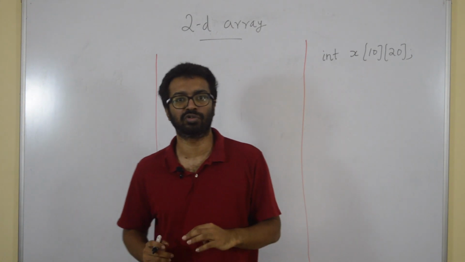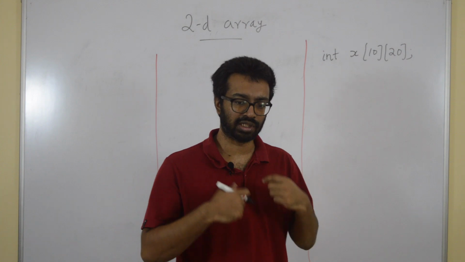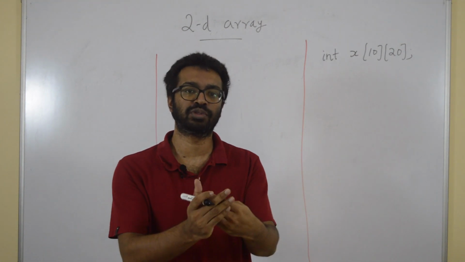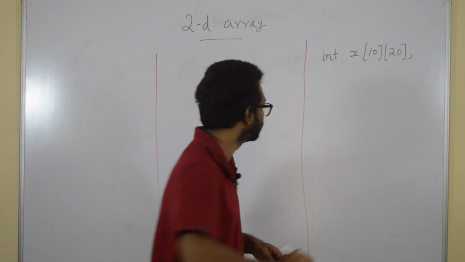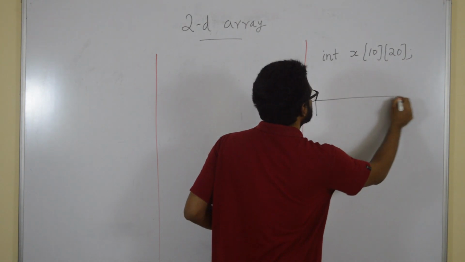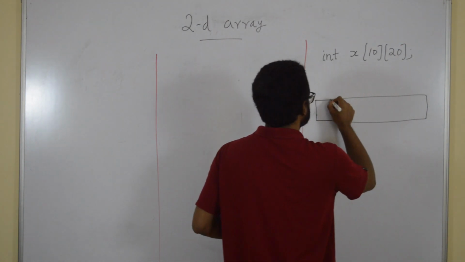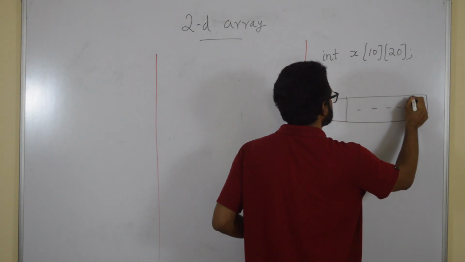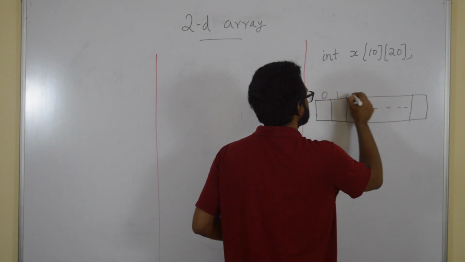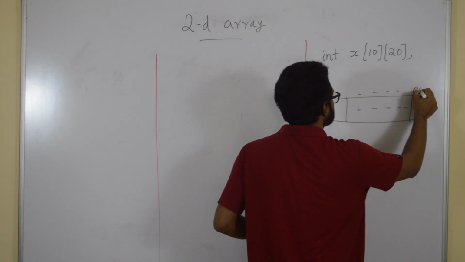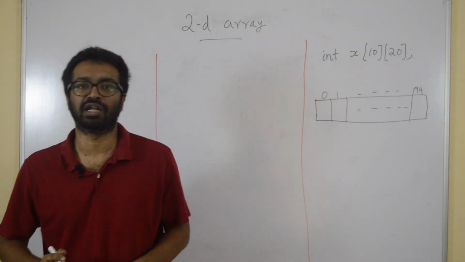So that comes out to 200 integers. The machine is going to allocate space for 200 integers. These many integers are allocated.